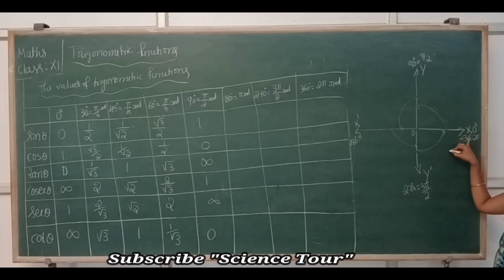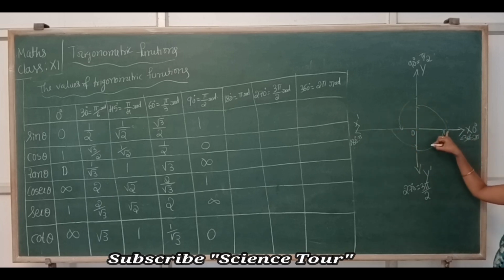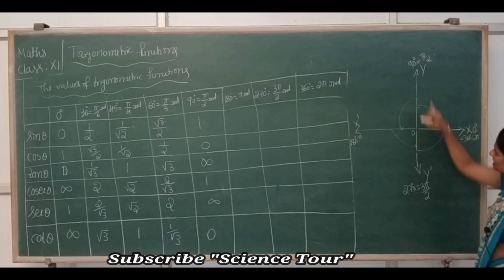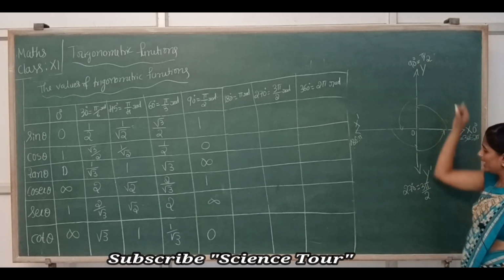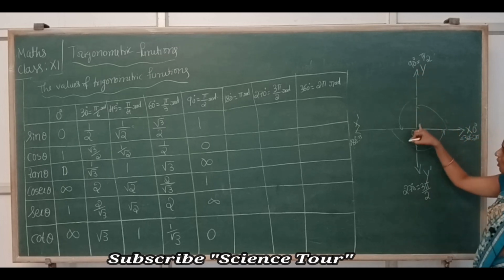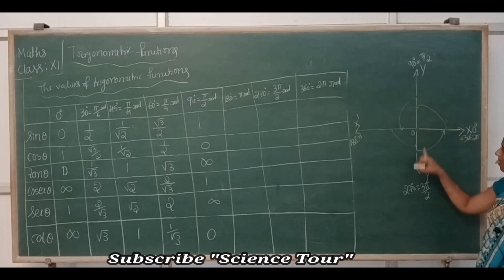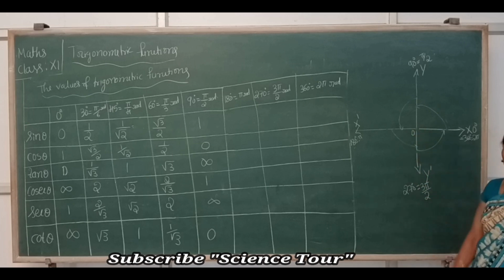When it reaches the original position after one circle, it takes 2 pi radian. Remember this. Next, on the y-axis it is pi by 2 and 3 pi by 2. Pi by 2 is on the positive y-axis and 3 pi by 2 is on the negative y-axis.